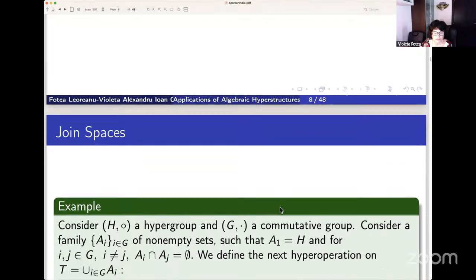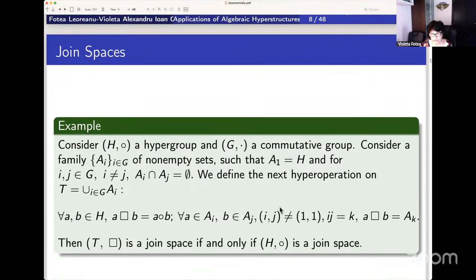But many Jones spaces can be constructed.